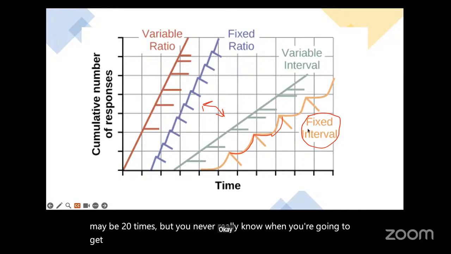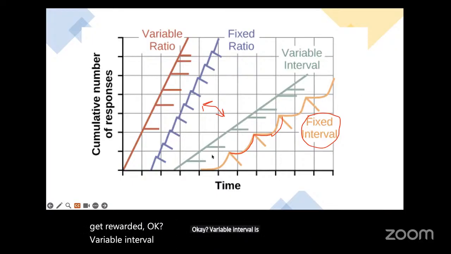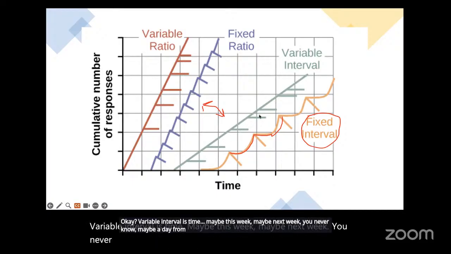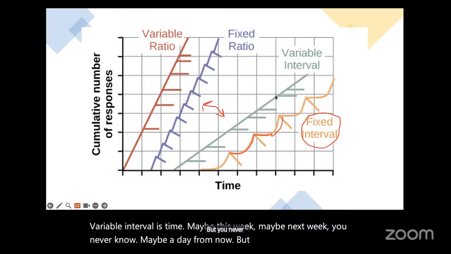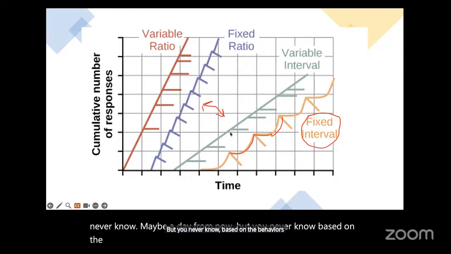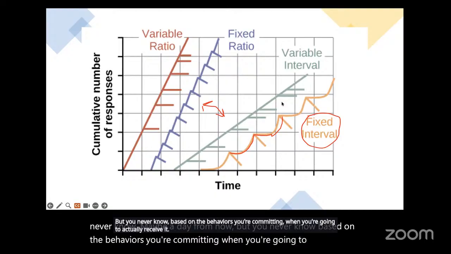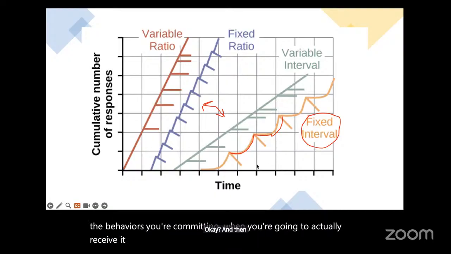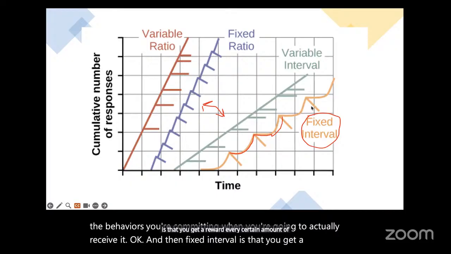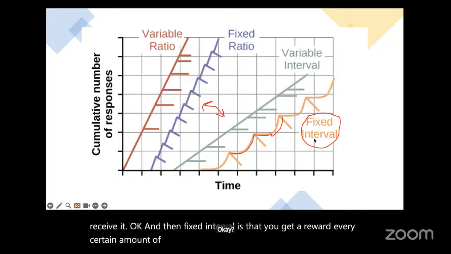Okay. Variable interval is time, maybe this week, maybe next week, you never know, maybe a day from now, but you never know based on the behaviors you're committing when you're going to actually receive it. Okay. And then fixed interval is that you get a reward every certain amount of time.